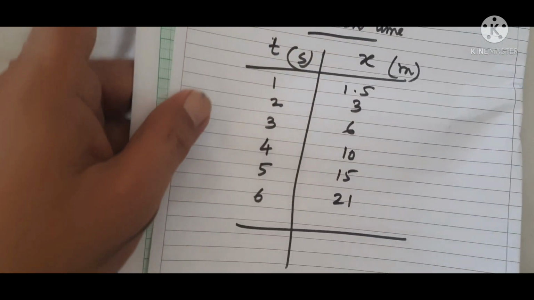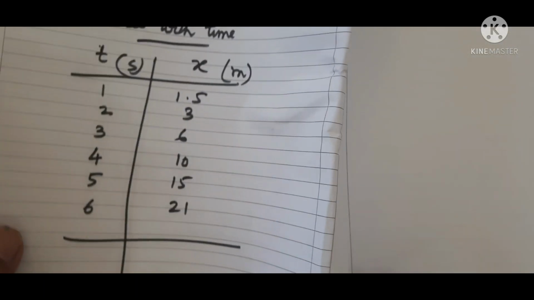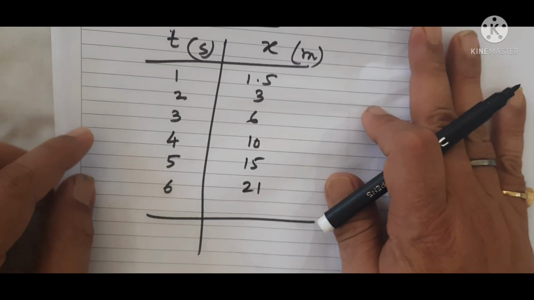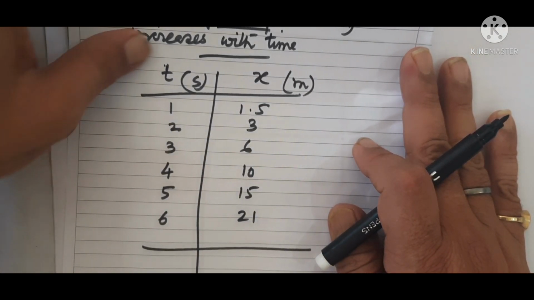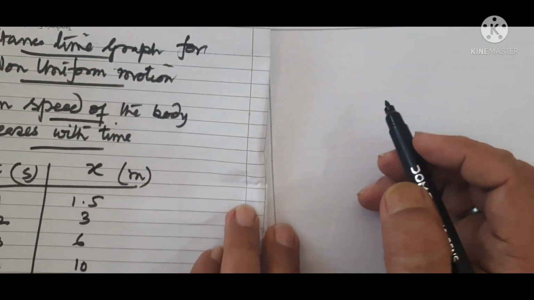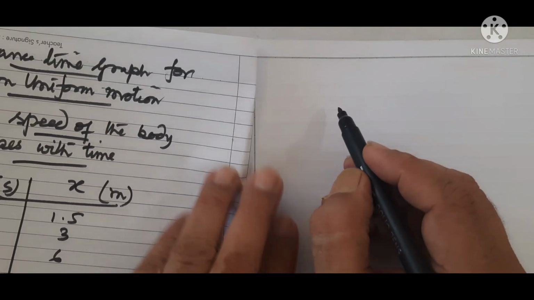So how we are going to draw the graph of this? Here what we are seeing is that it is non-uniform, unequal distance in equal interval of time. So in this particular case we have to draw the graph.